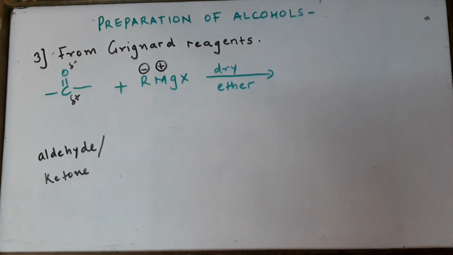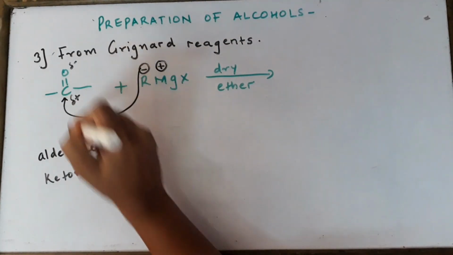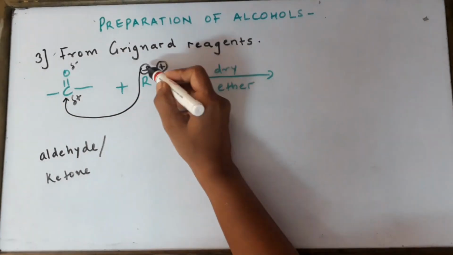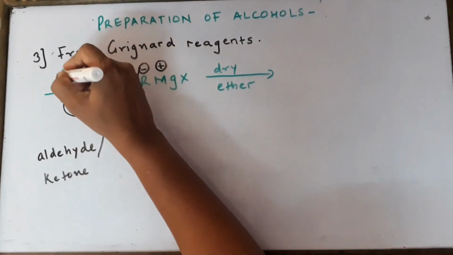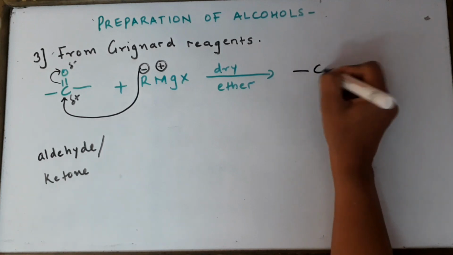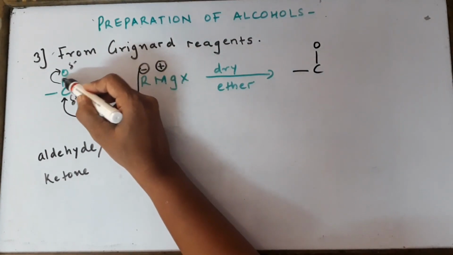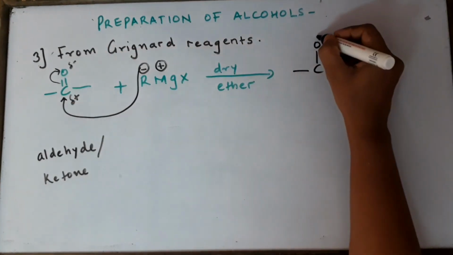So the first thing we are going to say is, the nucleophilic attack will take place from the Grignard reagent on the carbonyl compound. So the negative has attacked the positive center and the delocalization of the pi bond takes place. The product will be C single bond O, and now this double bond has become a single bond with a negative sign on the oxygen atom.